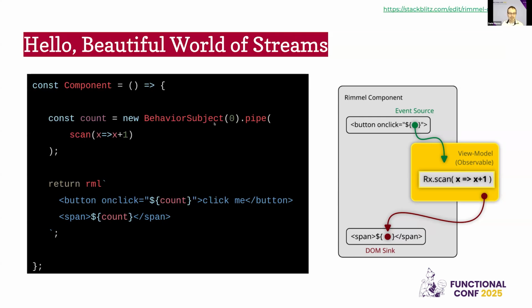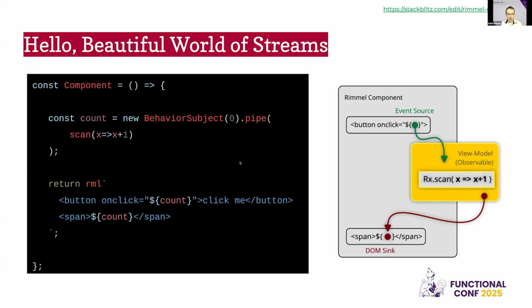So the count is this BehaviorSubject, the stream. 0 is the initial value, scan is just the counter, the Rx lingo for fold. And then after that you have this, rml is the tag, the template to make all this work, and you connect onclick as an input of the stream, and the span out count is the output of the same count.